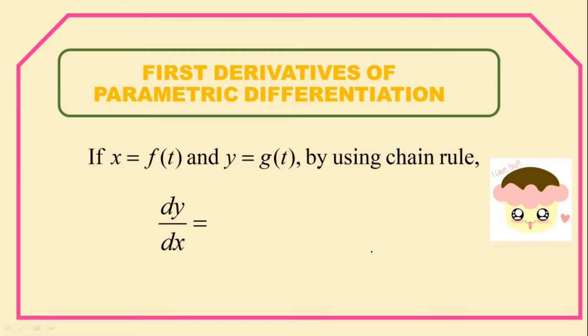So if we have a function x in terms of t and y in terms of t, by using the chain rule, we can find dy/dx. If we have x in terms of t, the derivative would be dx over dt.